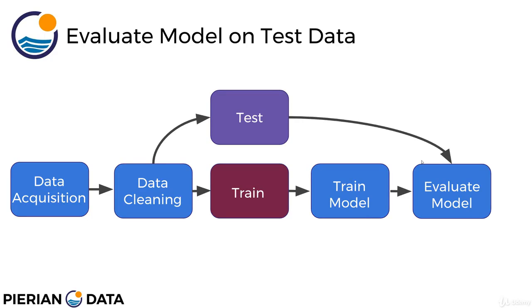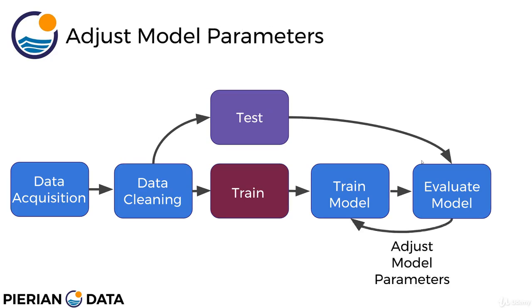So you train your model on that training data and evaluate your model on data it hasn't seen before, such as that test set. Once you've done that, you go ahead and adjust model parameters to try to get a better fit onto that test set. So again, train your model on the training data, evaluate how it performs on that test data set, and then you can make adjustments and cycle back and forth.